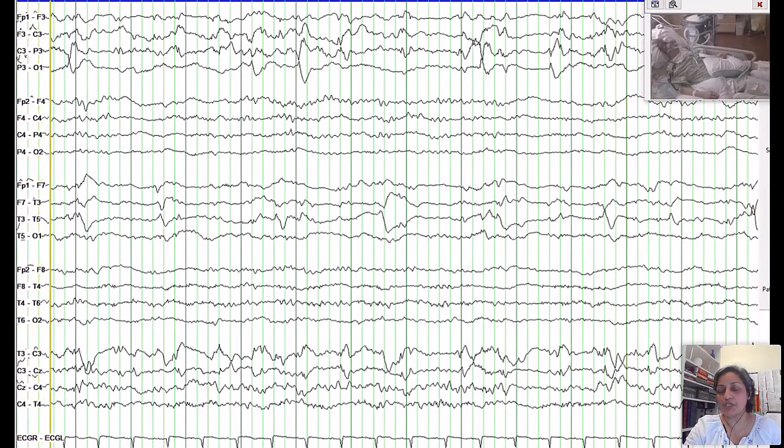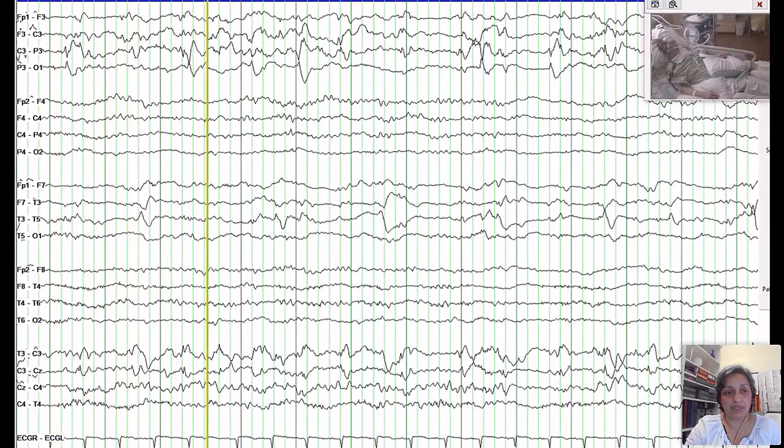So if you compare the discharges between the central and the temporal on the left, they are completely different.